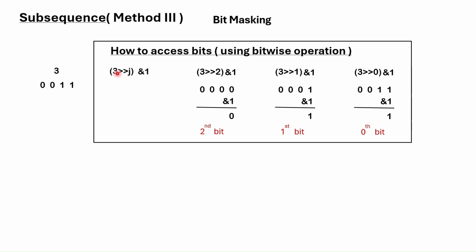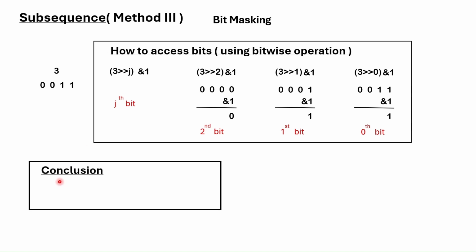So 3 right shift j and 1 will give me the jth index of 3. Let us conclude: for I right shift j and 1, this will give the jth bit of I.